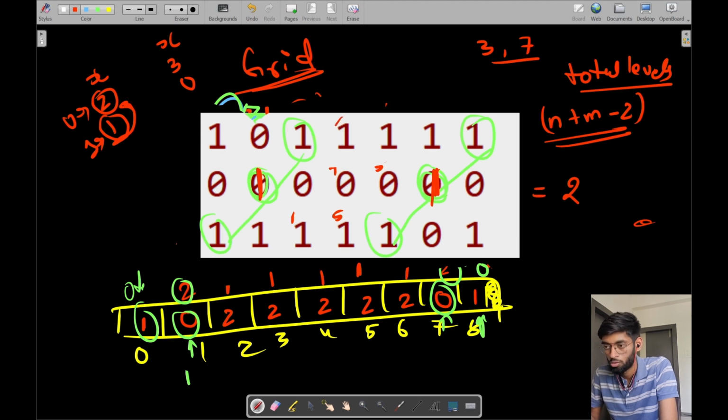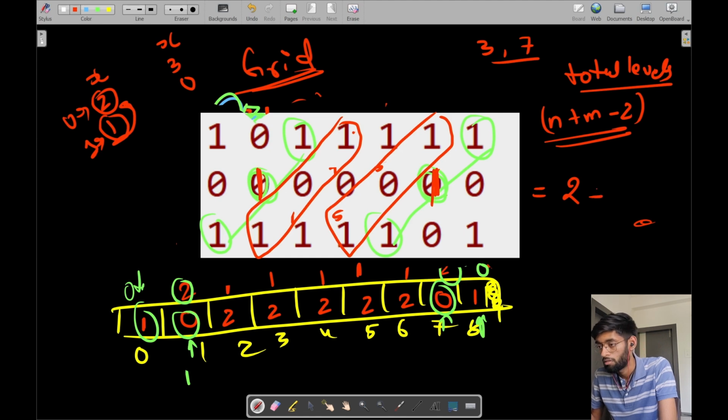Okay, let us move to the next level. Similarly 101 and 101. Similarly the same problem is here. Then again we have to make these two zeros to 1.